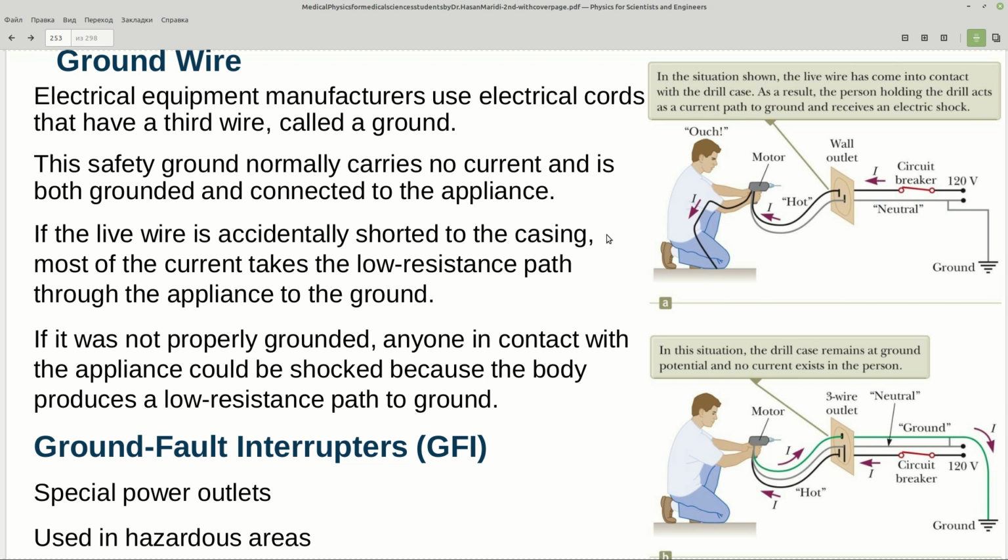Electricity within the body. We need to talk about how electricity plays an important role in medicine. We know that there are two aspects of electricity and magnetism in medicine. First, electrical and magnetic effects generated inside the body.